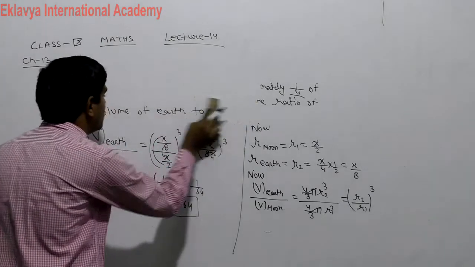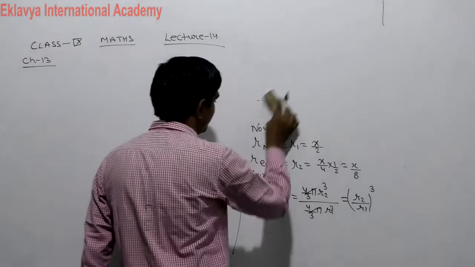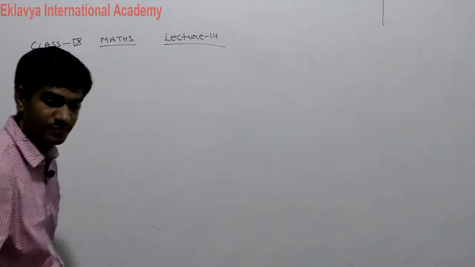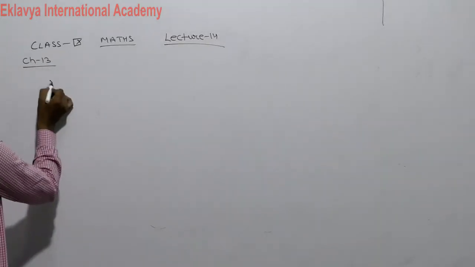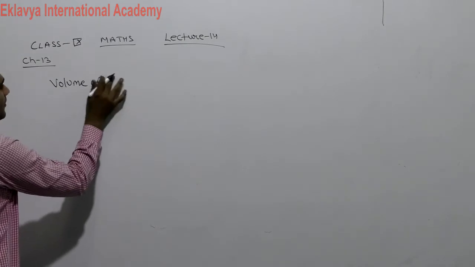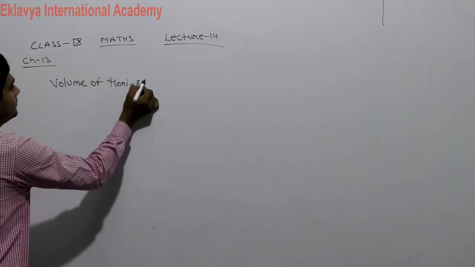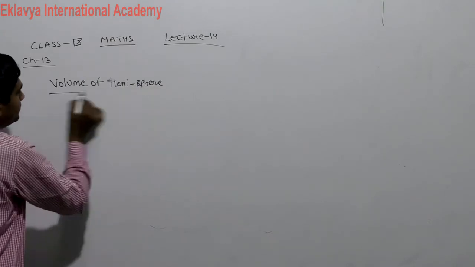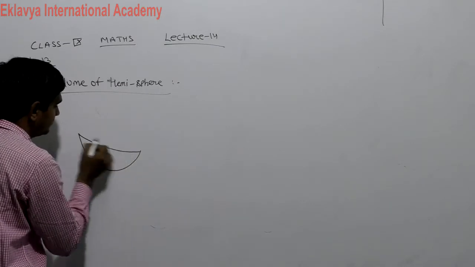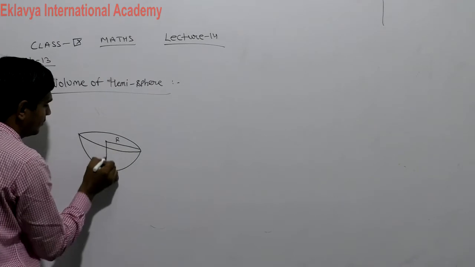Now we will discuss the volume of a hemisphere and the volume of a hemispherical shell. Next, discuss the volume of hemisphere. So in a hemisphere, that is the radius, that is also the radius.